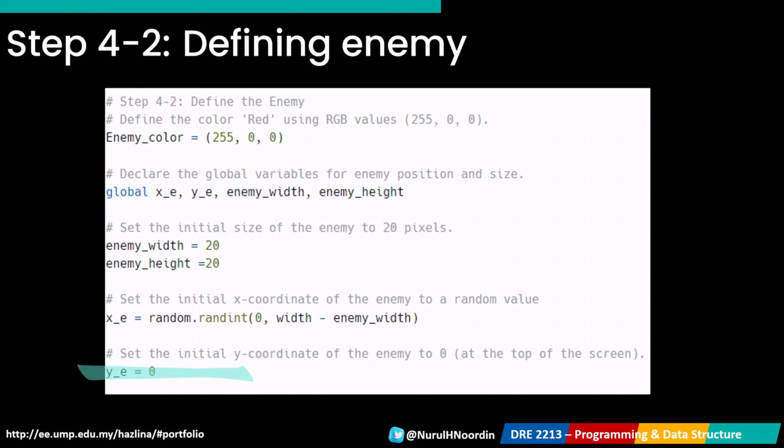This means the enemy starts at the top of the screen. As the game progresses, we'll update the coordinate to make the enemy move downwards. Remember, this is a pixel coordinate. With these initial attributes and positions, our enemy character is ready to take its place in the game world. Stay tuned as we bring the enemy to life with dynamic movements in the next steps.